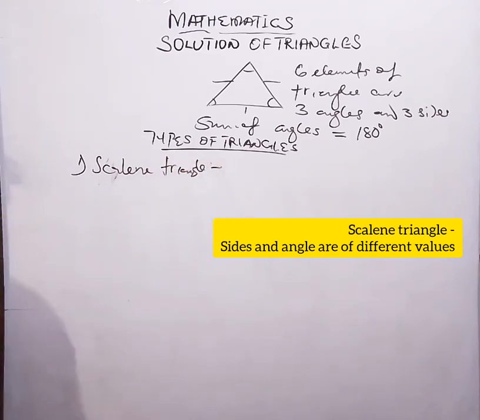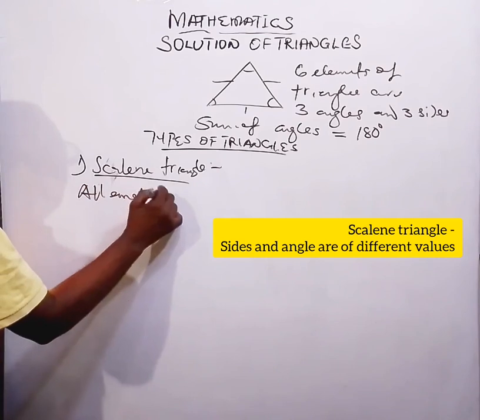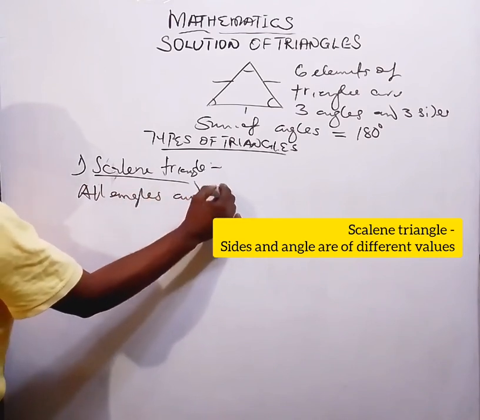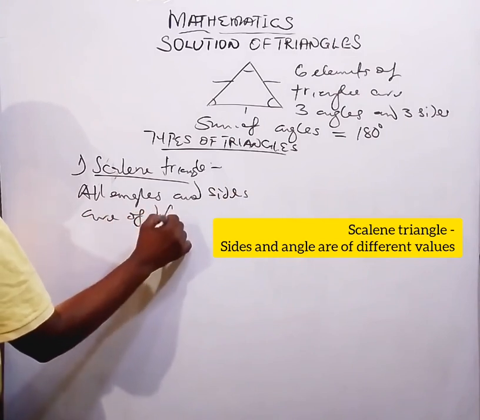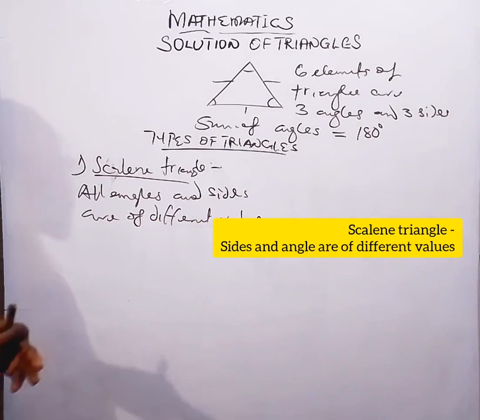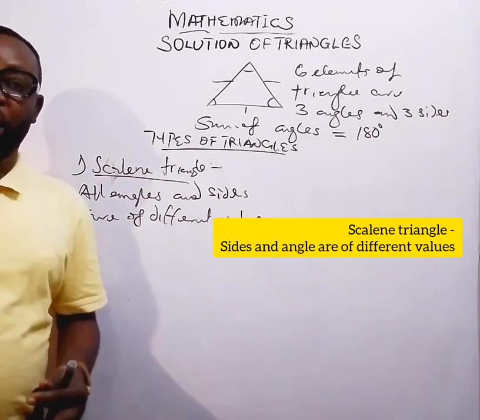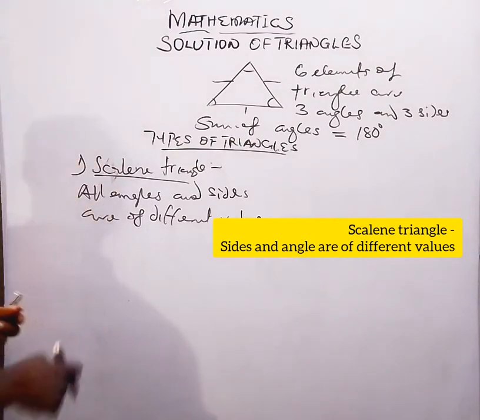In a scalene triangle, all angles and sides are of different values. So it does not say this is a value that a particular one we have, but all angles and sides must be of different values.